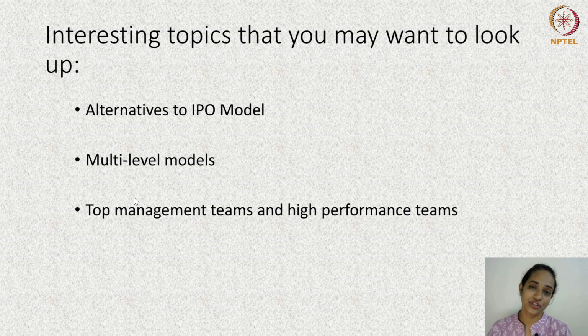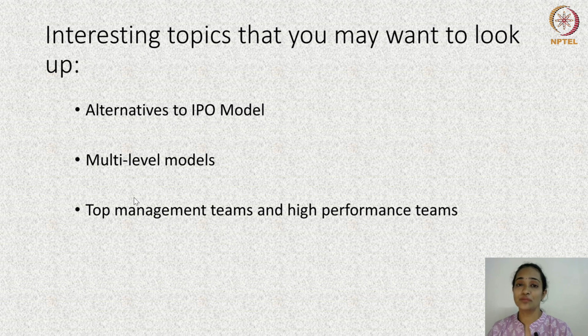Another interesting topic that you may want to look at is multi-level models. Like I said, one of the focuses of this course is to look at team level inputs, team level functioning, and team level outputs. But that does not mean that individual level factors and organizational level factors do not have a bearing on team functioning.